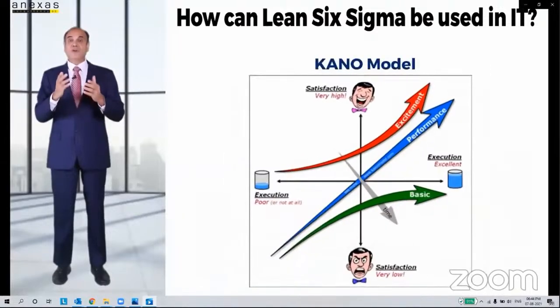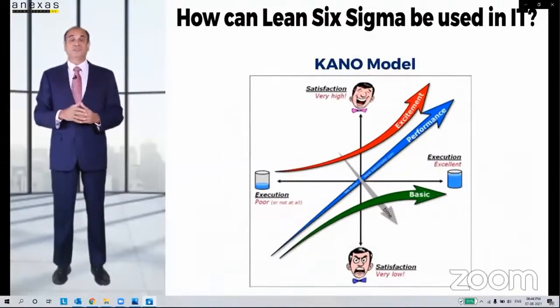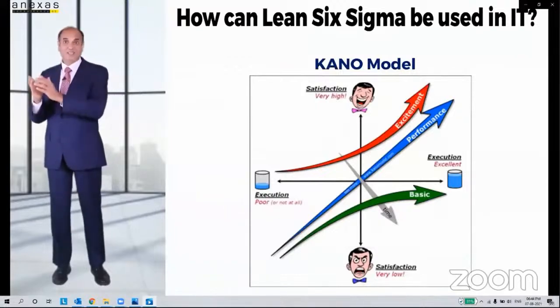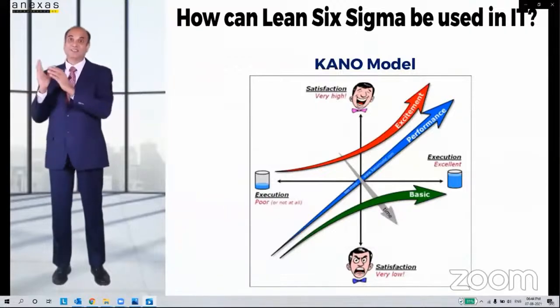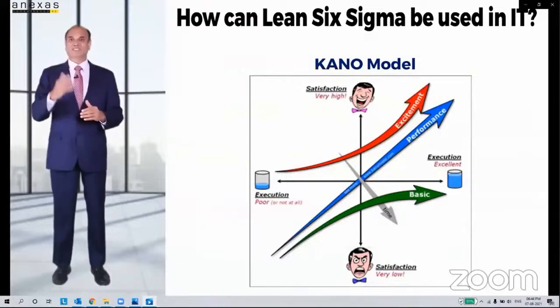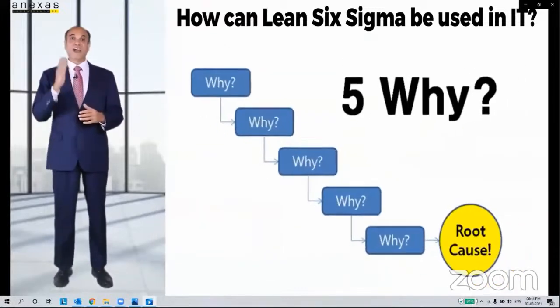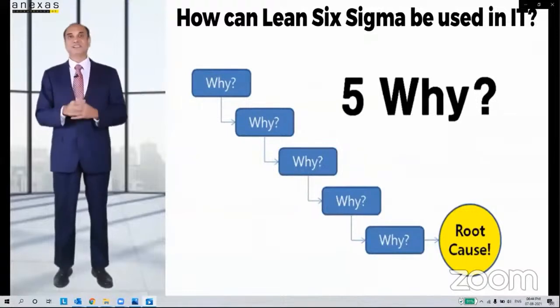Kano model has been used to classify the customer requirements into must-haves, good-to-have, and nice-to-have, and that has also helped the voice of customer conversion to CTQ, the critical to quality characteristics, the important characteristic, what the customer is looking for. 5 Whys, it has helped many organizations to get to the root causes of many issues.